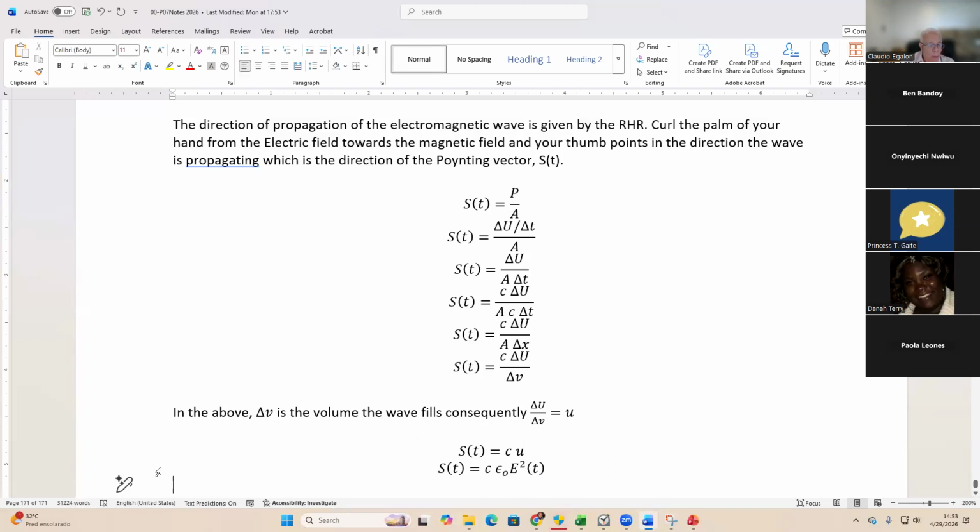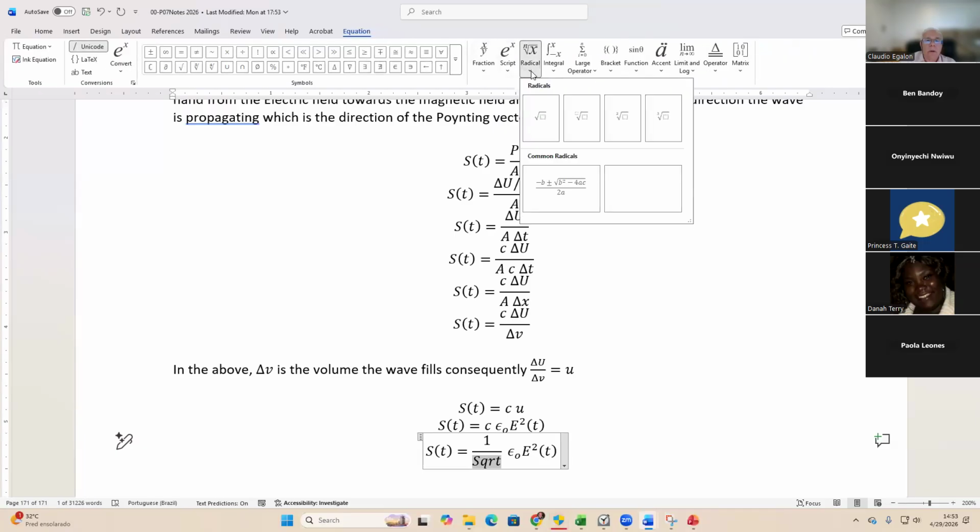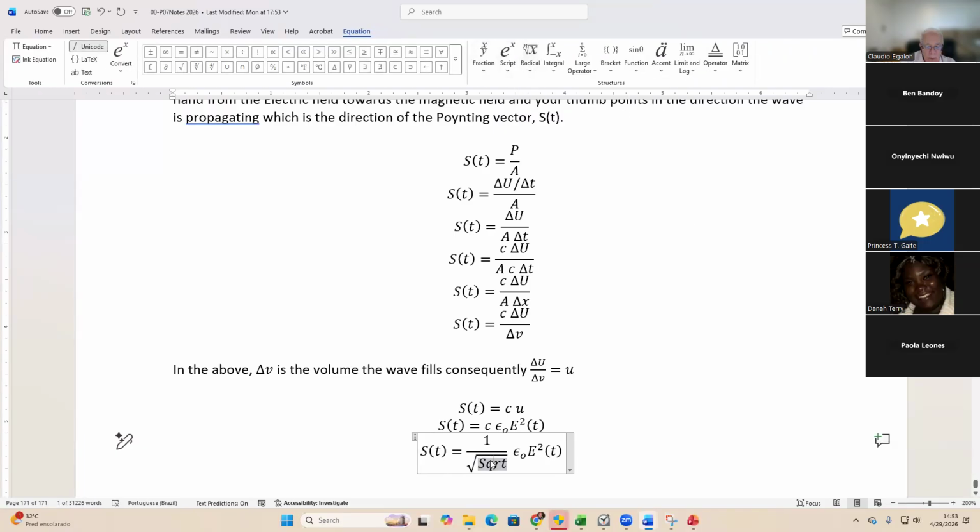We can write that c is 1 divided by the square root of epsilon naught mu naught.